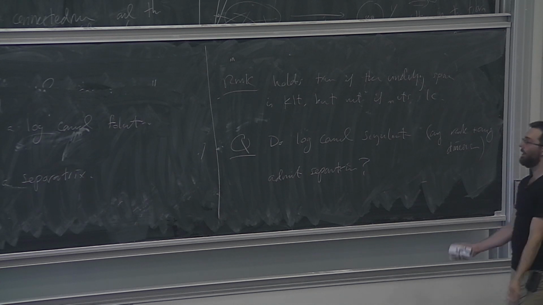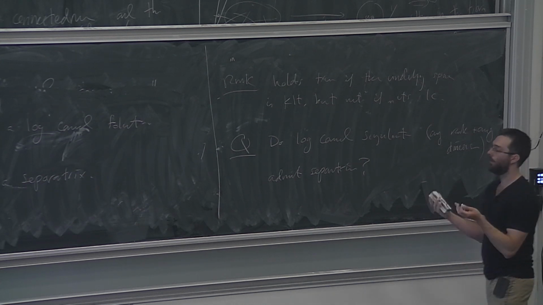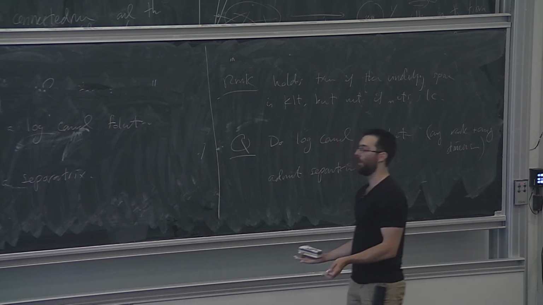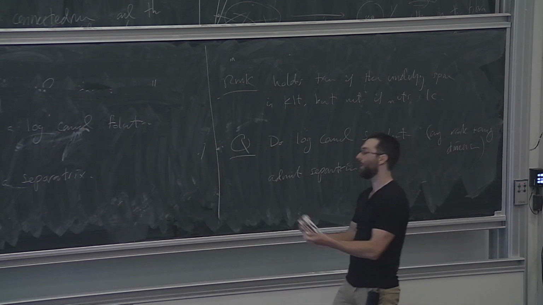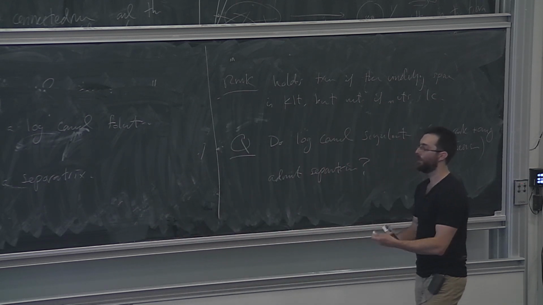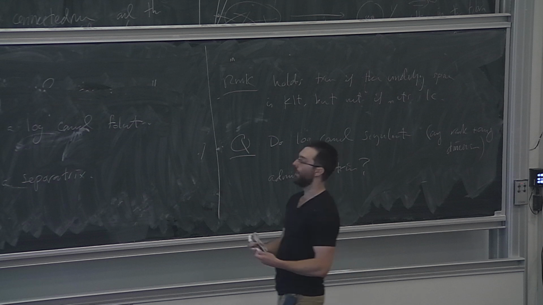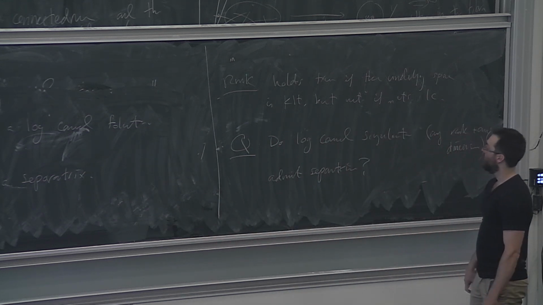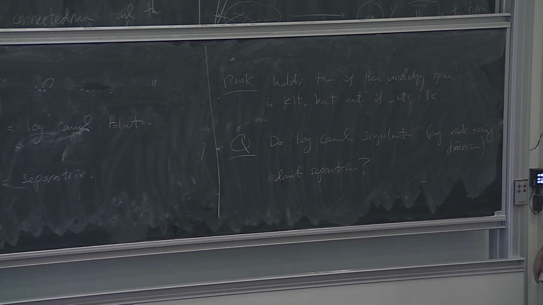Like I said, I think this is a kind of interesting question. I think it's of independent interest, but I also think that we need to understand these things better if we want to run the MMP in the class of log canonical foliations. Okay, so maybe I'll end it there, and thanks for your attention.